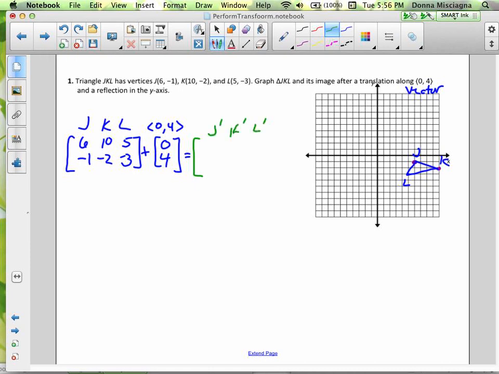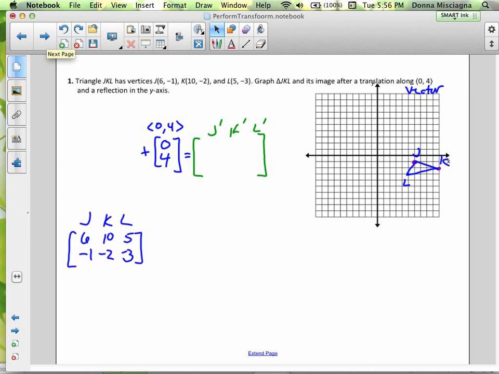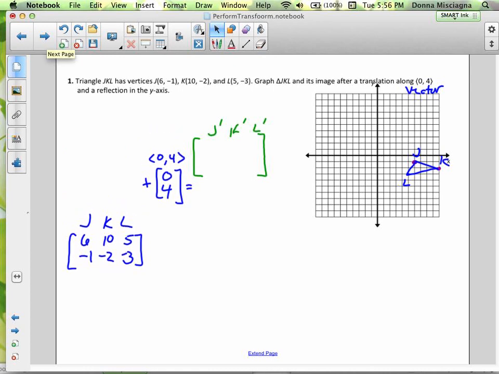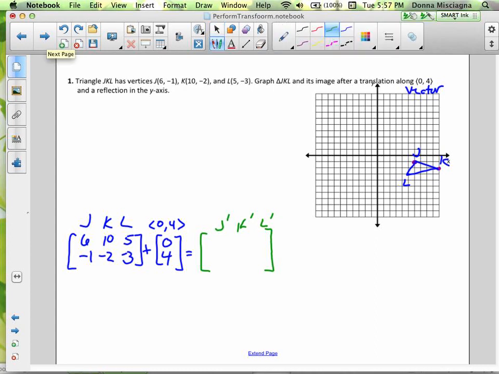I was trying to color code this and keep all the points for each figure, the pre-image, the image, or the second image, and the operations all different colors. But I failed, because I meant to write the vector in black, but it doesn't really matter.